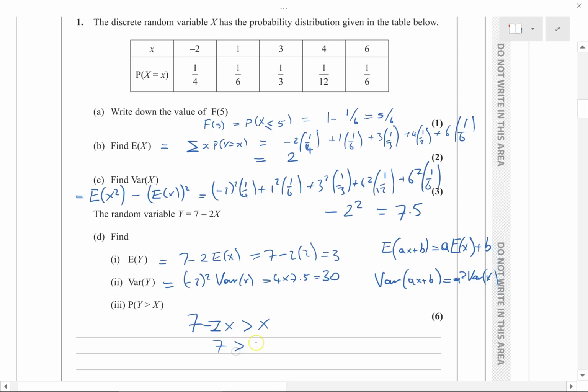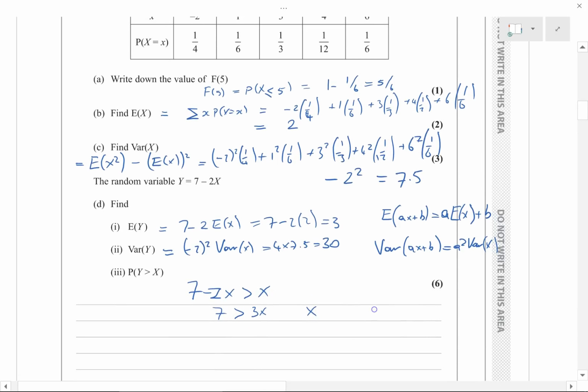So we get 7 is greater than 3X. So X is less than 7/3.